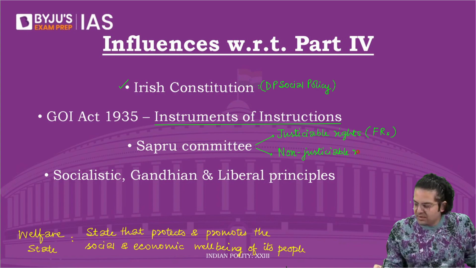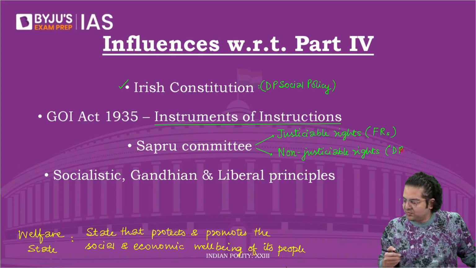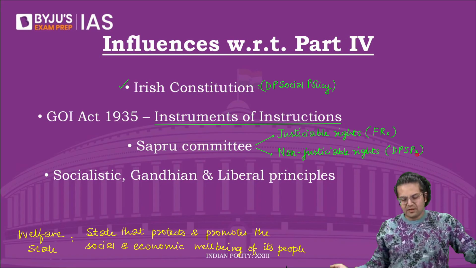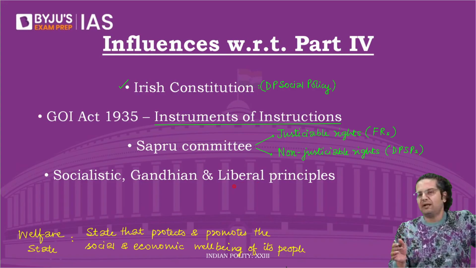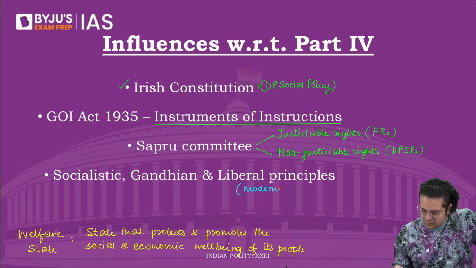So the idea behind this is to create a set of expectations for the citizens from the state. And of course, there are some liberal principles. So DPSPs can be categorized into three categories. Liberal principles refer to the more modern, more intellectual ones.